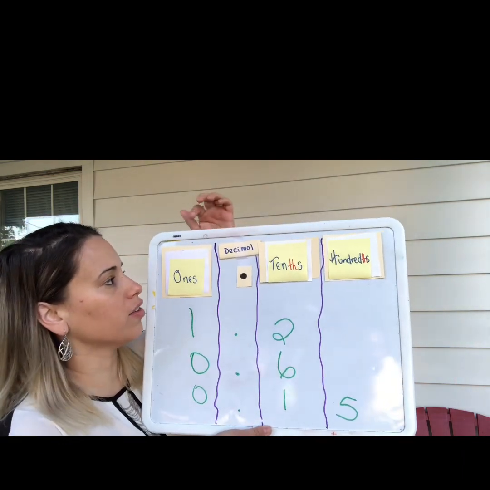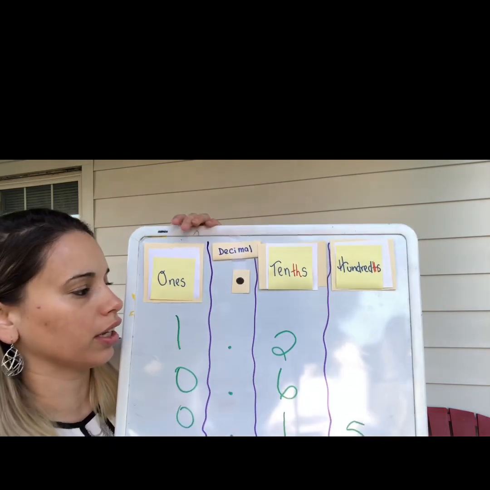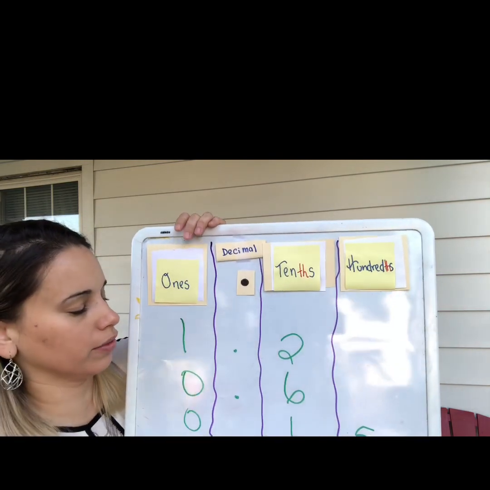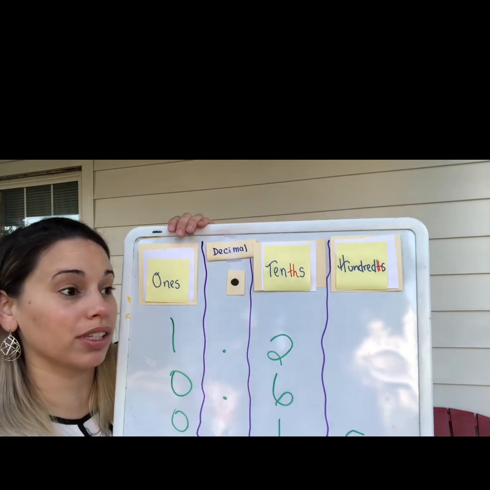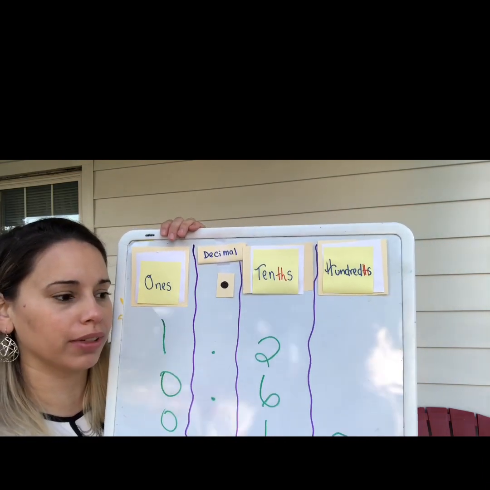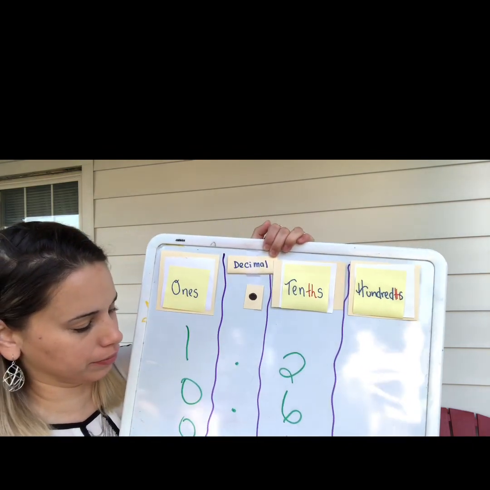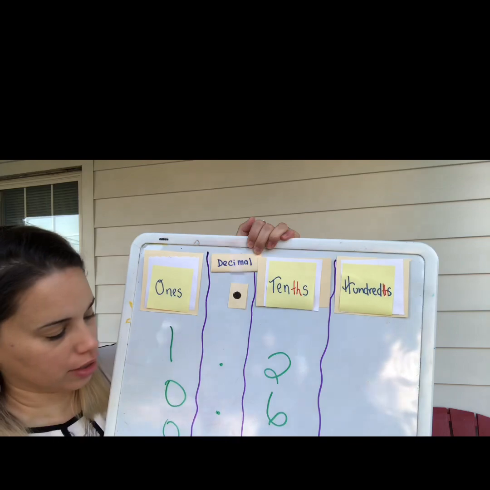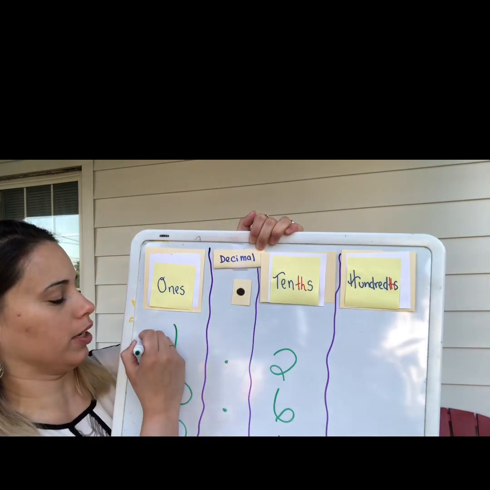So I know that the ones is the greatest place value. I am ordering this least to greatest. That means the smallest number comes first and the biggest number is last. I know right here that the 1 is the largest number, so I'm going to put a 3.